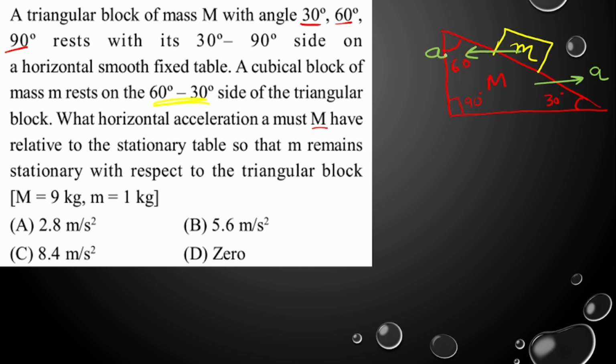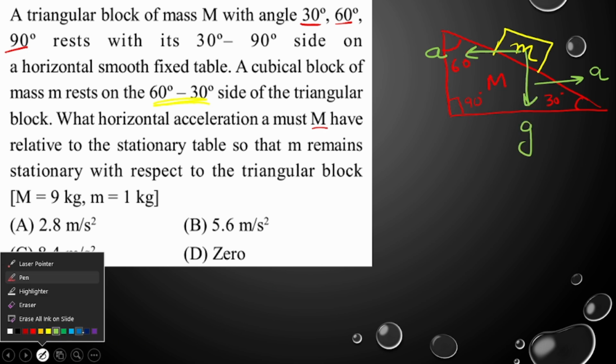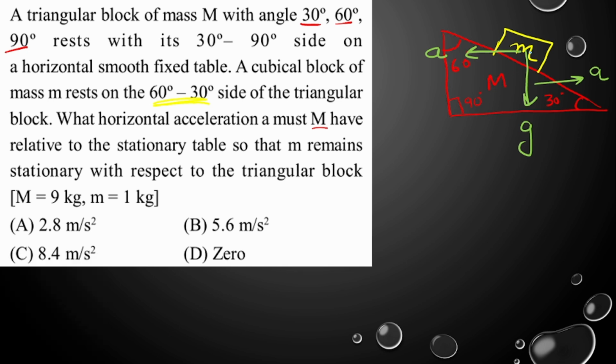This is a pseudo acceleration, this is g, and as we know the components along the surfaces are g sin 30 and a cos 30.